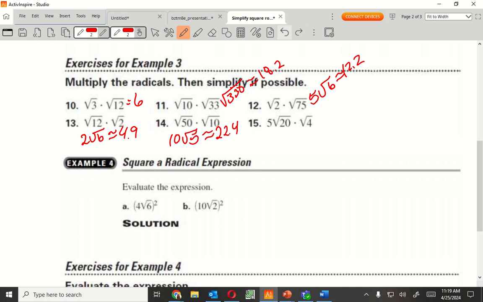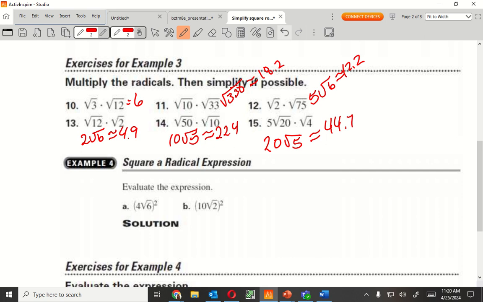Switch to 20 with the 5. You say it's 20? Yeah, 20 rad 5. Okay, I'm just trying to do this all in my head, so thank you for that. All right, and that's going to be approximately 44.7. Okay, thank you.